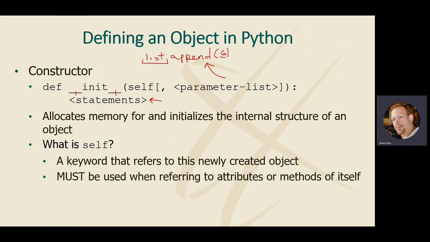It could be a jagged 2D array. It could be a list with 500 different data points in it. It doesn't matter what it is. It still does the same thing. So when we are referring to any of the attributes or methods of this specific instance of our object within the class, self takes that place.